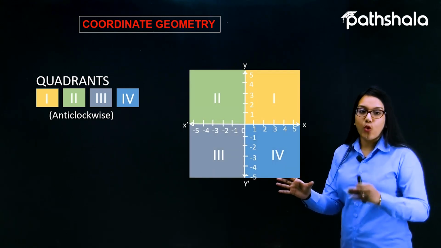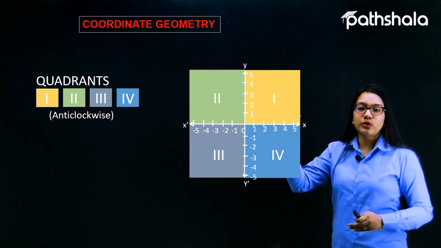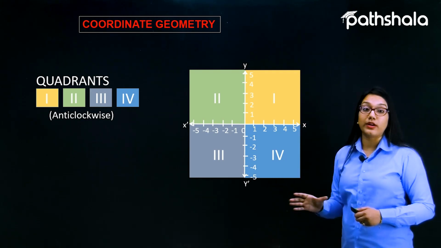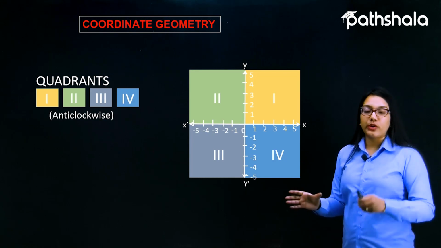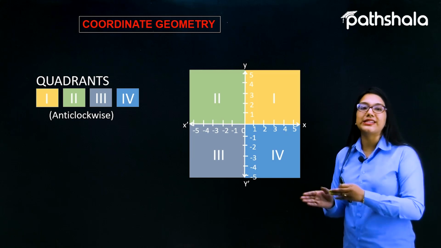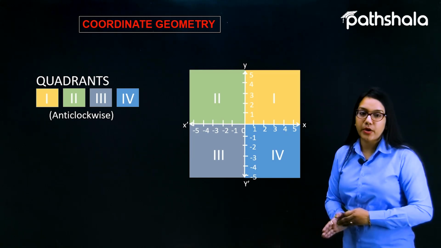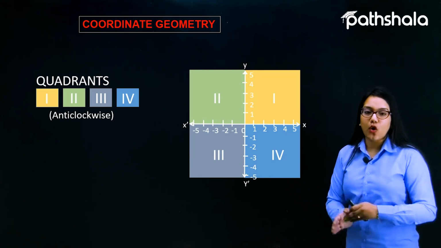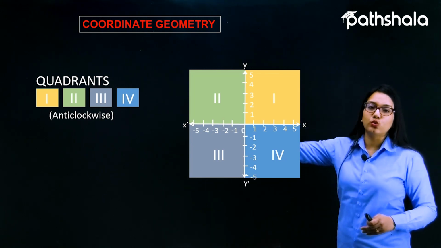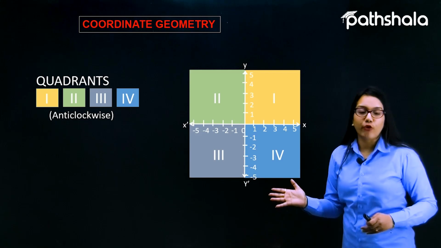These 4 sections, 1, 2, 3 and 4, are called quadrants, and we always have to take the quadrants in an anti-clockwise direction. Always remember to take them in an anti-clockwise direction. This is quadrant 1, that one is quadrant 2, the third quadrant and the fourth quadrant.